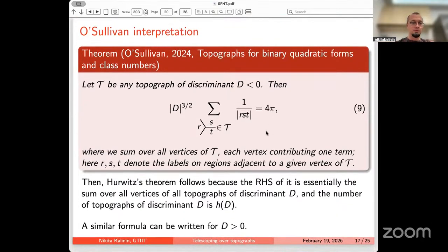And so from here, the Hurwitz theorem follows, because this expression is what happens for one topograph, and each equivalence class of forms corresponds to one topograph. So it means that if you take a sum of this thing over all possible values R, S, T, such that they represent a form of discriminant D, then on the right you will have a constant times the class number.